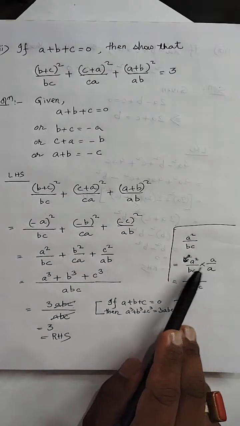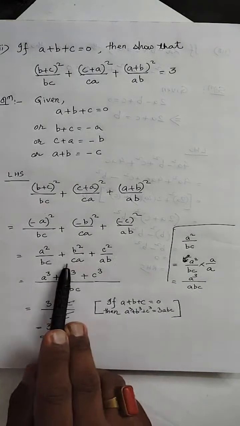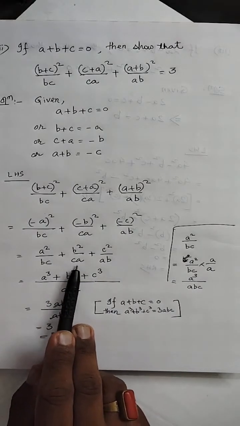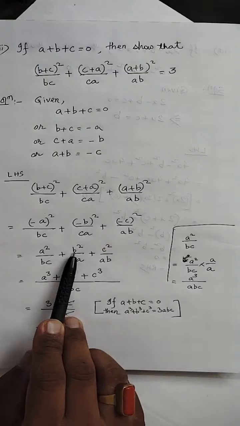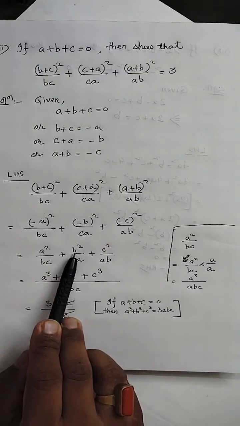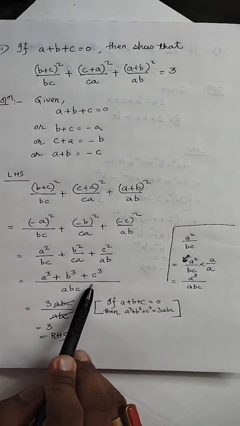So a into a square becomes a cube. ठीक उसी तरह यहाँ पे ca है, मतलब कि इसको abc बनाना है, तो यहाँ पे b से multiply करना होगा. So अगर यहाँ denominator में b से multiply करेंगे तो numerator को भी b से multiply करना पड़ेगा. So this will become b cube, and in the same way this will become c cube.